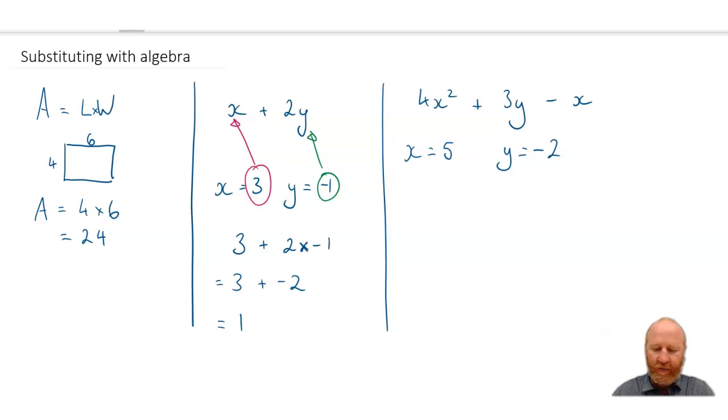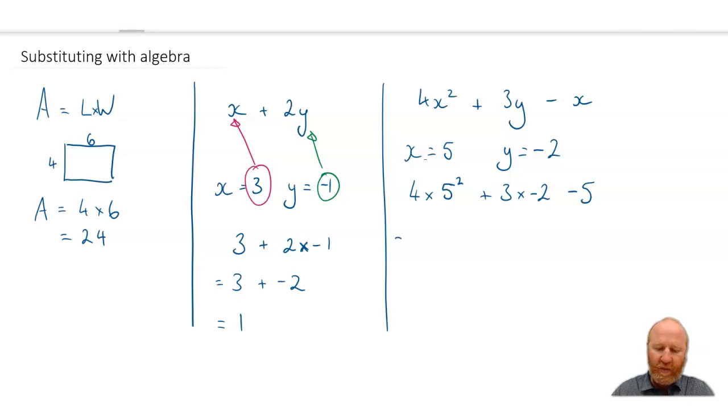Well then, I'd have to substitute in my numbers. I'd have 4 times by x is 5, so that becomes 5 squared, plus 3 times by y is minus 2, so I put minus 2 in, and then minus 5.